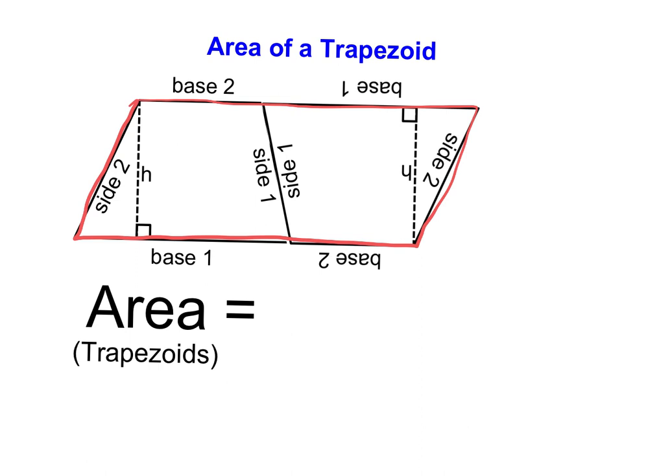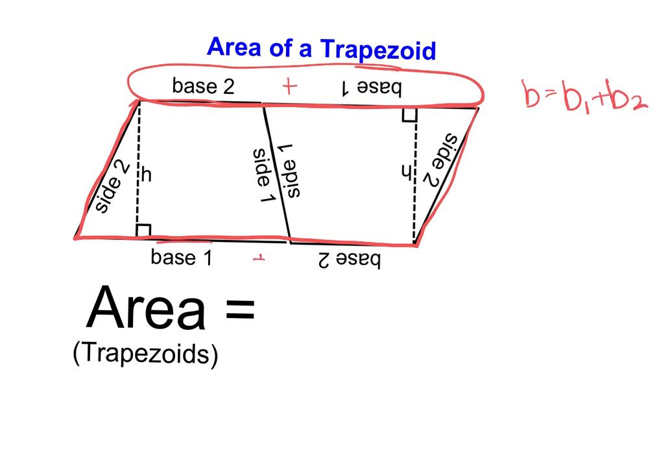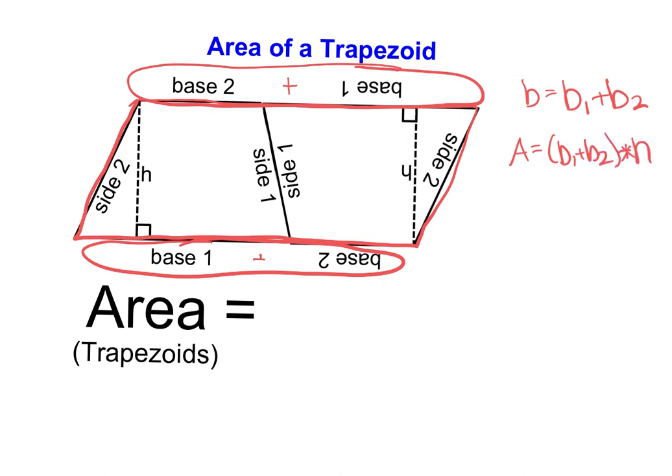What's different for a trapezoid compared to a triangle is that we have two values being added together to represent our base. The base of that parallelogram is going to be base 1 plus base 2. You can see they're identical on each side, both of them being added. So the area of this parallelogram is the two bases, base 1 plus base 2, added together and then multiplied times the height.